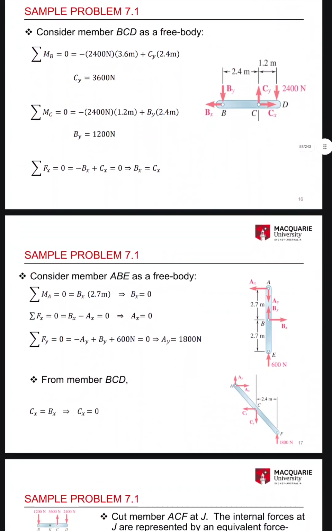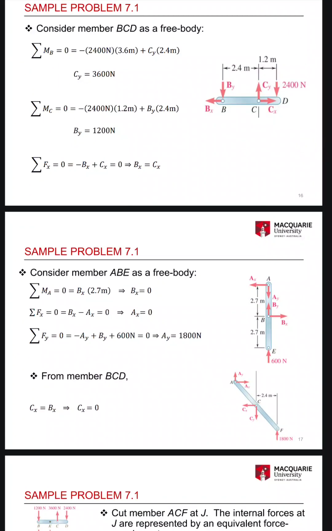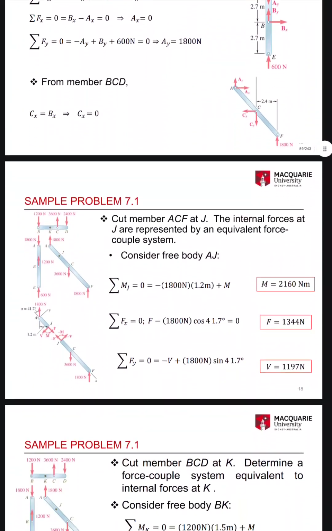Consider member ABE as a free body. Sum MA equals 0 equals Bx times 2.7 m, so Bx equals 0. Sum Fx equals 0 equals Bx minus Ax equals 0, so Ax equals 0. Sum Fy equals 0 equals minus Ay plus By plus 600 Newton equals 0, so Ay equals 800 Newton. From member BCD, Cx equals Bx, so Cx equals 0.